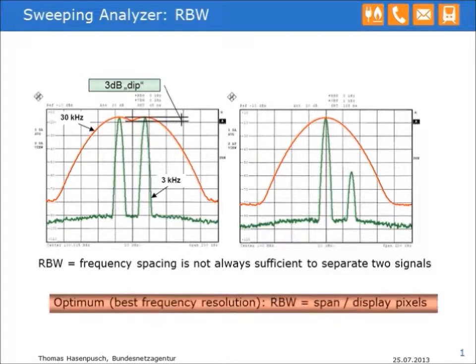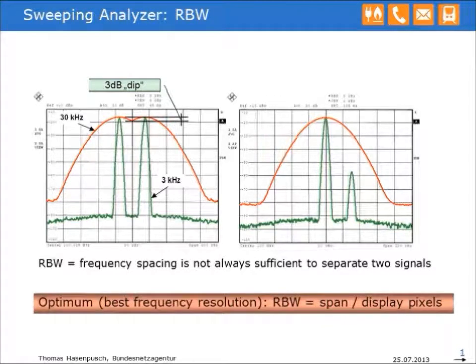However, it is not always able to separate two signals that are spaced as far as the resolution bandwidth. This only works if they have the same amplitude. This example has the signals with the same frequency spacing, only the amplitude of the right one is lower, and in that case, if we use the 30 kilohertz resolution bandwidth, we cannot see that it is two different signals.